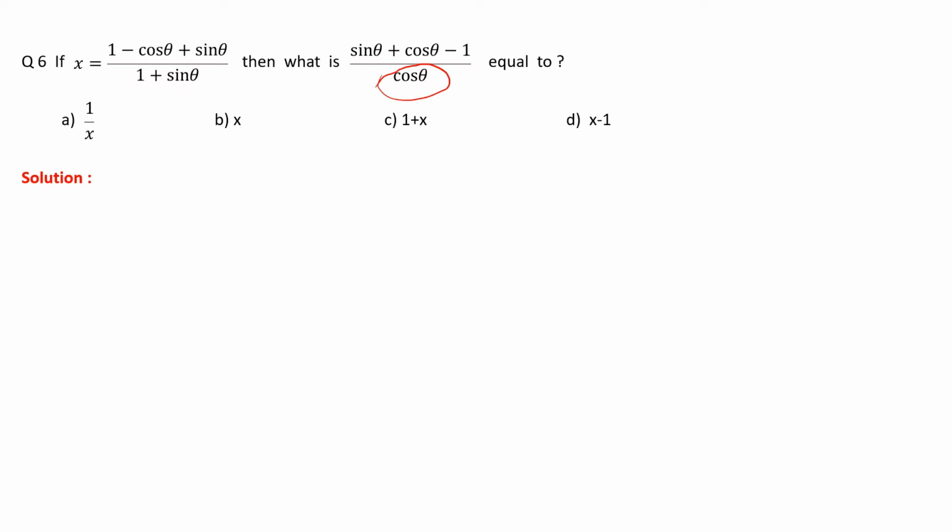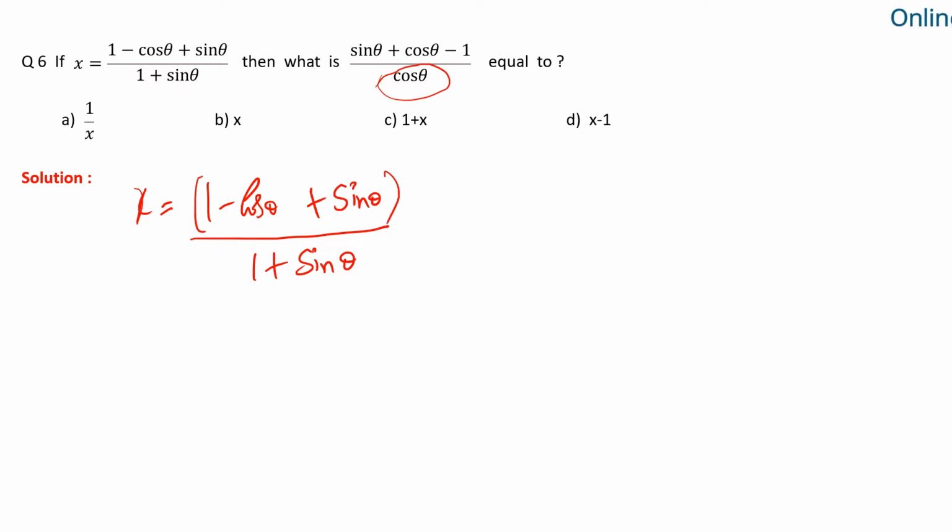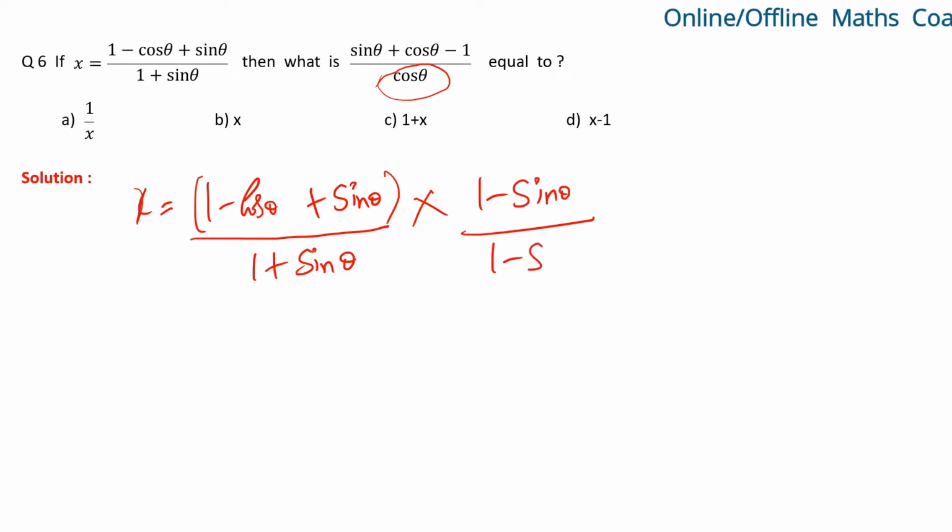So I start with x first of all. I write x equal to 1 minus cos theta plus sin theta divided upon 1 plus sin theta. Right? This is given to us. Now to create cos theta in the denominator, what I do, I multiply this given expression with 1 minus sin theta and divide by 1 minus sin theta.